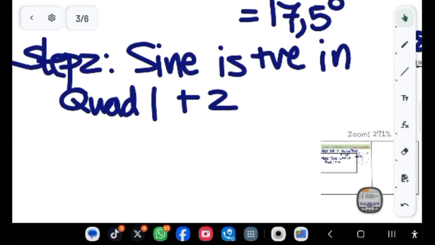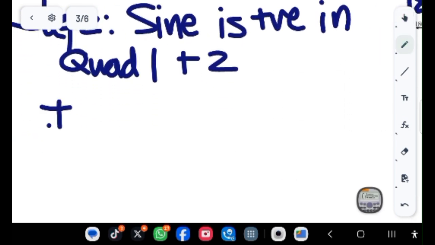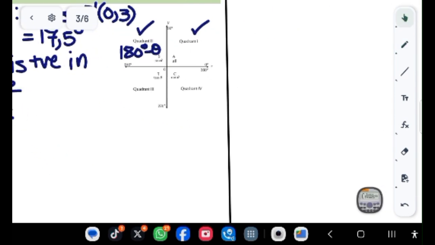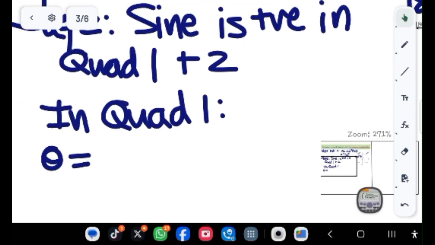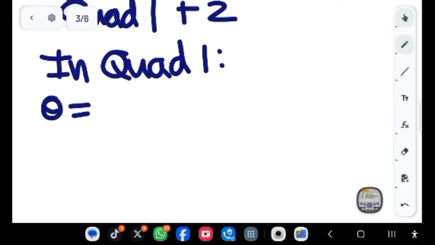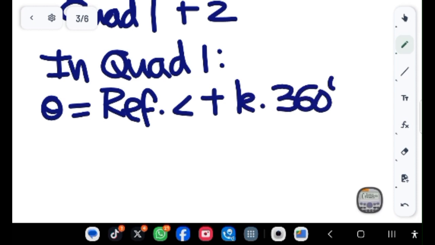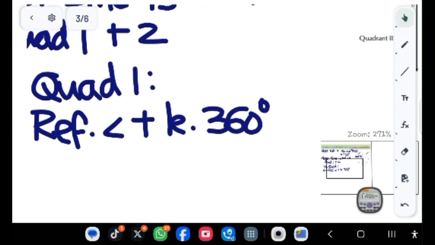So in quadrant 1, this is how we express angles. Theta will be equal to the reference angle plus k times 360 degrees. Why 360 degrees?